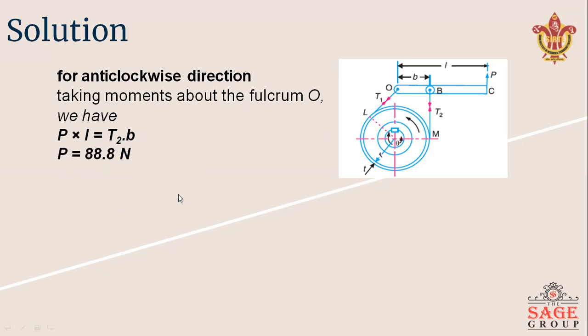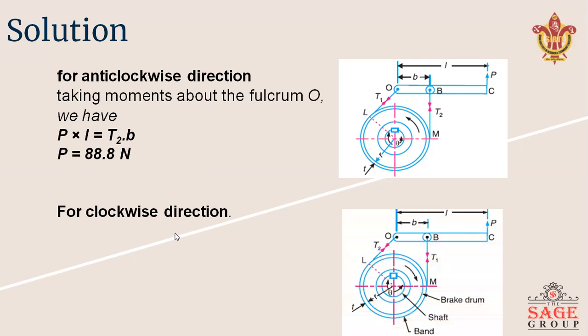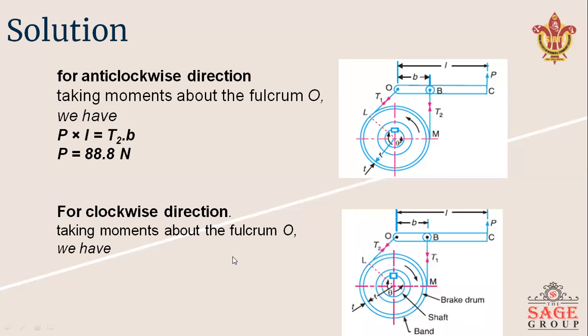And for clockwise rotation of the drum, the equation will be P into L equals T1 into B. Here you can see that it is P into L and T1 into B, because if the direction of the drum changes, then T1 and T2 also will be interchanged. So now we will have the value of P.